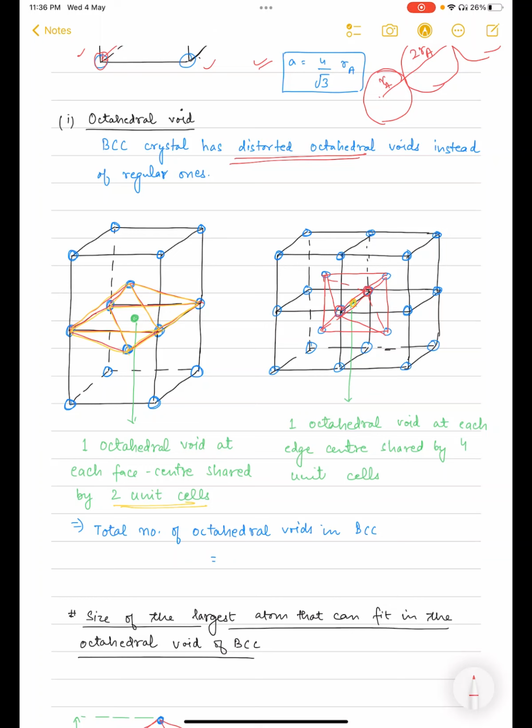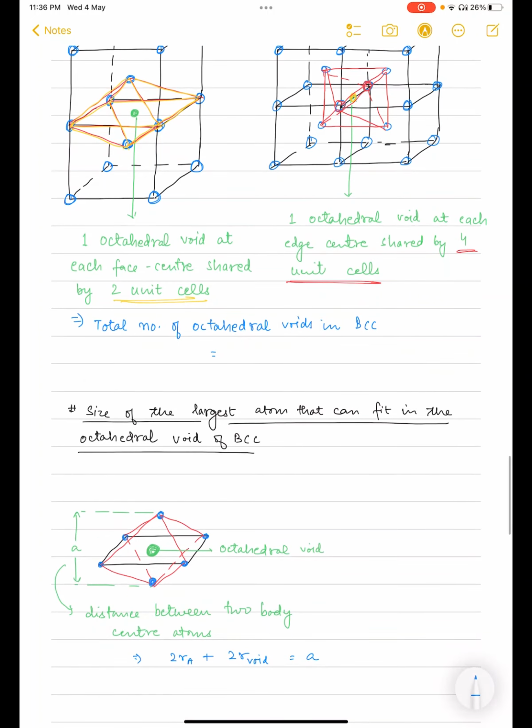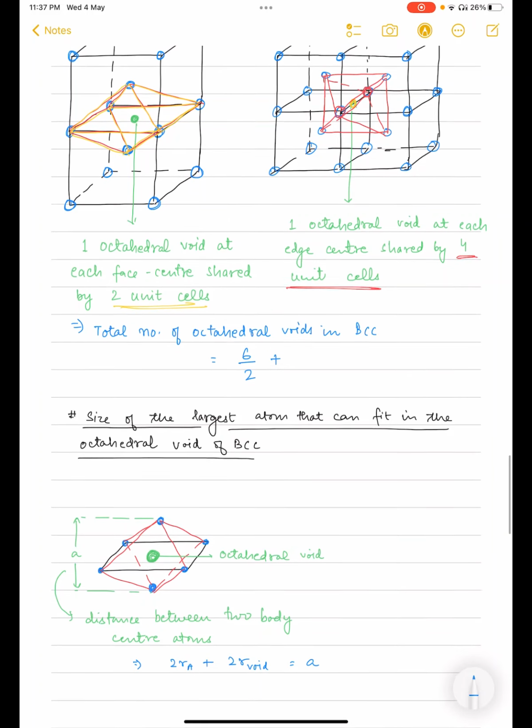Make one octahedral void at the edge center that is shared by 4 unit cells. So let us see the total number of octahedral voids in BCC. One at face center: total there are 6 faces and each is being shared by 2 unit cells, so 6 by 2, plus we have one at each edge center.